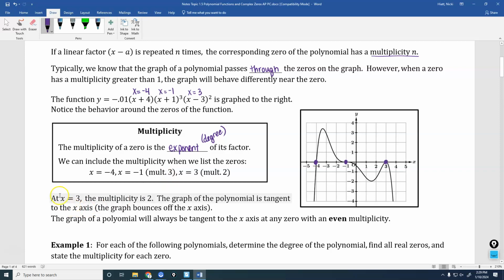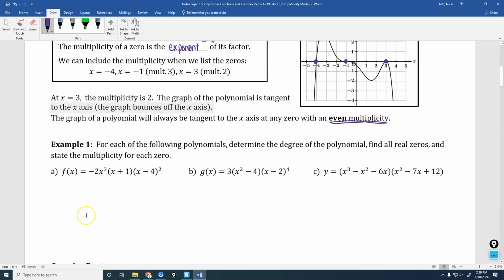So notice x equals 3, the multiplicity is 2. The graph is tangent to the x-axis. We could say it kind of looks like it bounces. This is going to happen anytime you have even multiplicity. Typically we see 2 most often, but it could be if something is to the 4th power, 6th power, 8th power, and so on. If you have those exponents, the graph will not cross, but rather it will just sort of bump off of that x-axis.